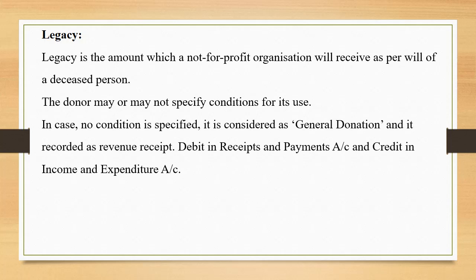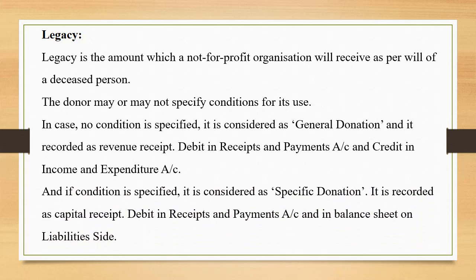In case no condition is specified, it is considered a general donation and it is recorded as a revenue receipt. Being a revenue receipt, it has to be debited to receipts and payments account and credited to income and expenditure account. And if the condition is specified, in that case, it is considered a specific donation.